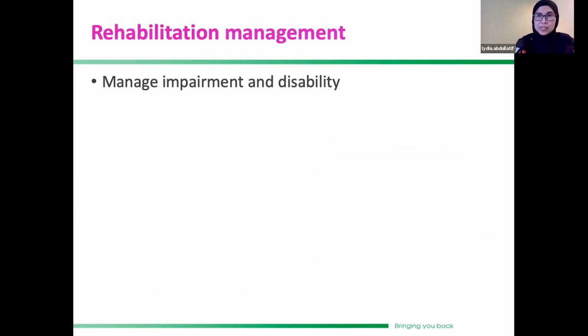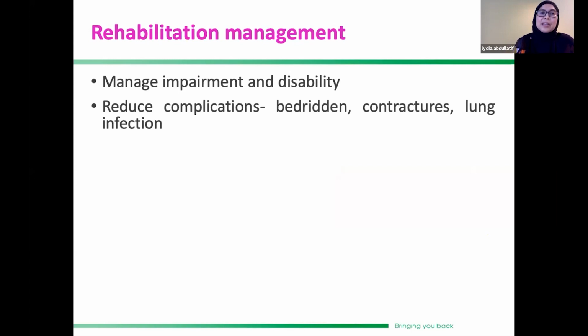Okay. So first, we need to manage the impairment and the disability. That means we have to harus berupaya untuk memberi rawatan ketidakupayaan yang dialami oleh pesakit MND. Okay. Number two, rehabilitation helps to reduce complication.